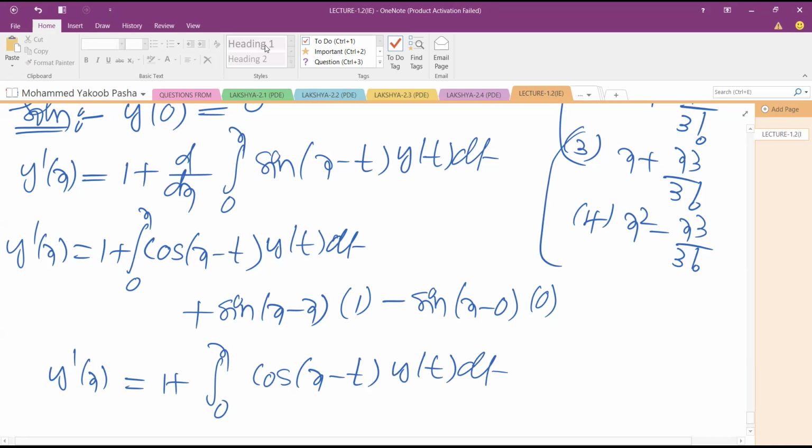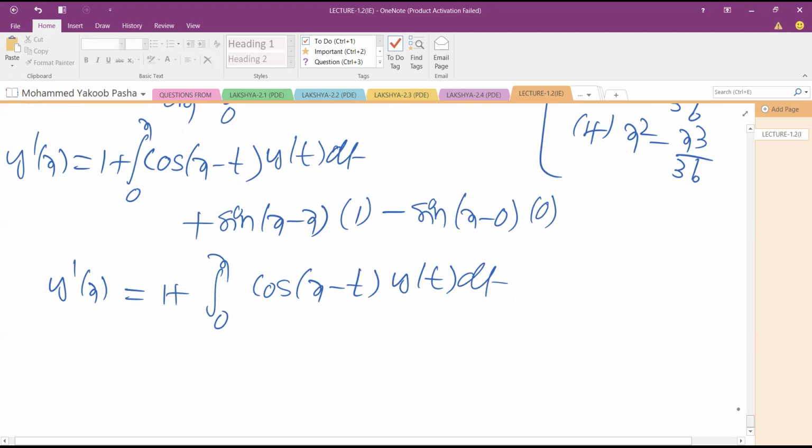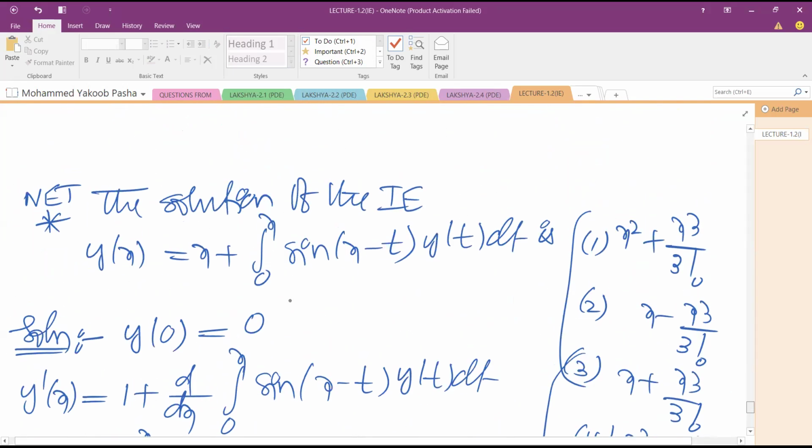This becomes sin 0, which is 0 into something, 0. This is y dash of x. Now find y dash of 0. That becomes 1, since here the lower limit is 0 and the upper limit is 0. So y dash of 0 is equal to 1. Previously, y of 0 is equal to 0.